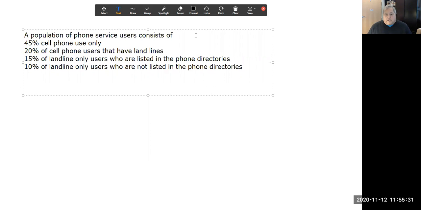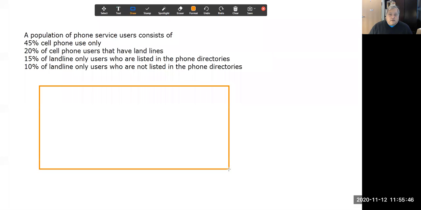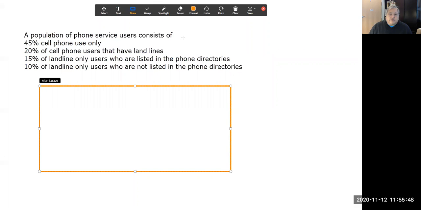And now I'm going to draw the probability space before I look at any questions about this particular type of question. So first I'm going to imagine a square where the square is all users, all in the population.